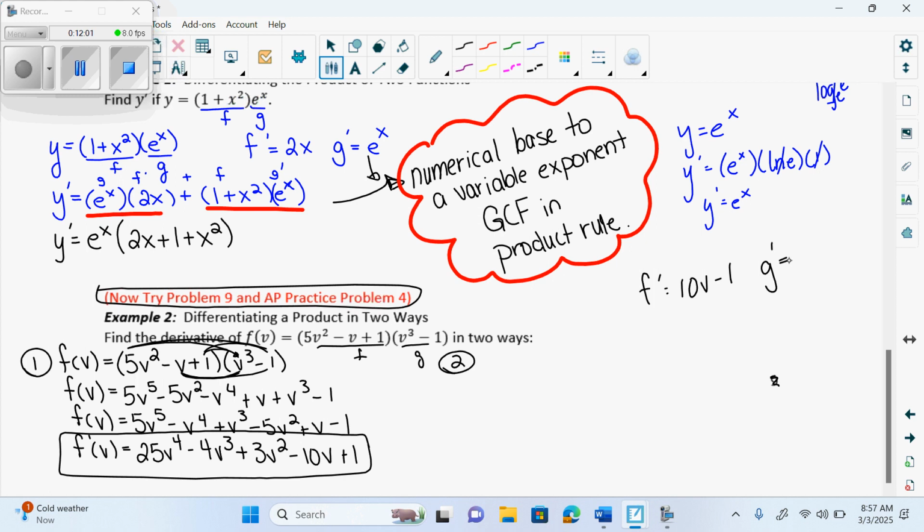G prime? 3b squared. So F prime of v is going to be G, which is v cubed minus 1, times F prime, which is 10v minus 1, plus F, 5v squared minus v plus 1, times G prime, which is 3v squared.